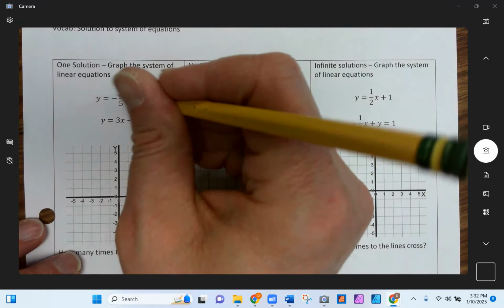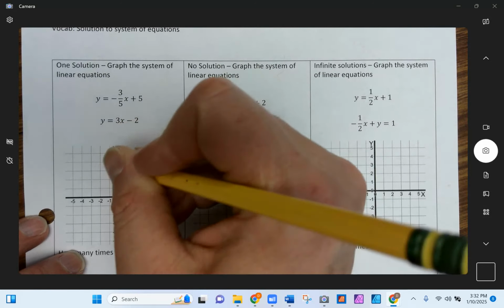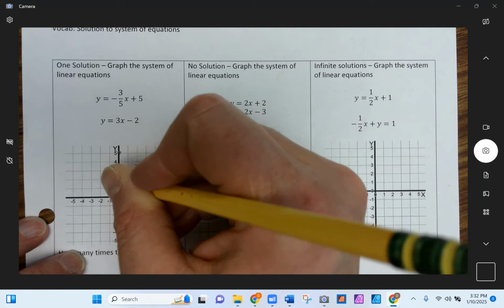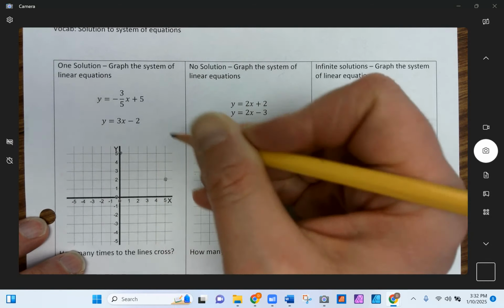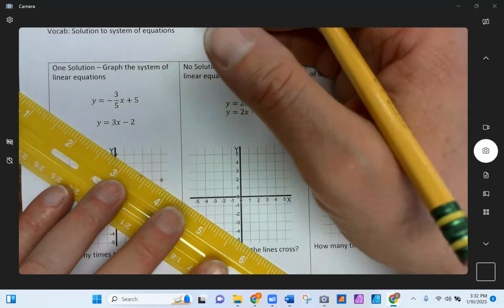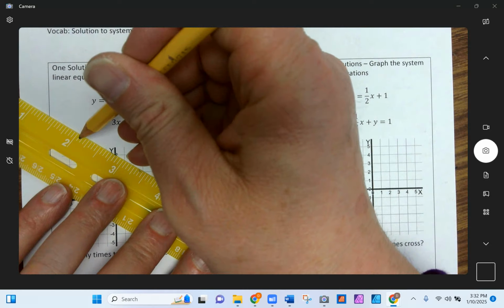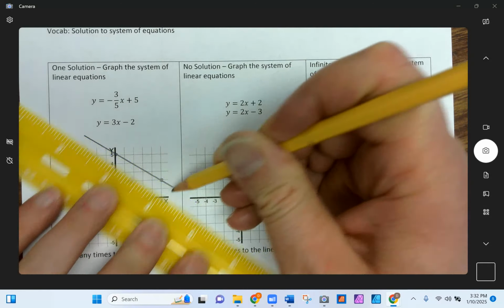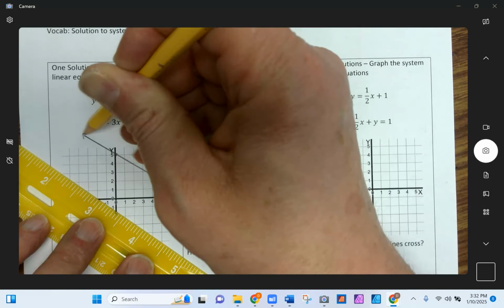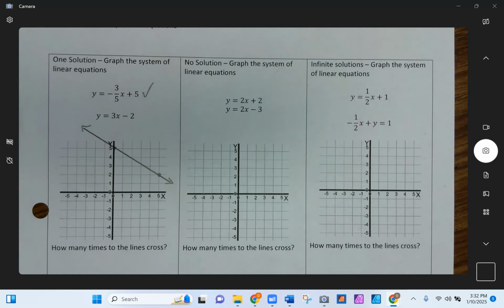So I'm just going to graph these two right here. I've got plus 5 up here. I'm going to go down 3, 1, 2, 3, and write 5. And as I put the points on there, I'm going to graph the line, because I think it is easier to see rather than one at a time.